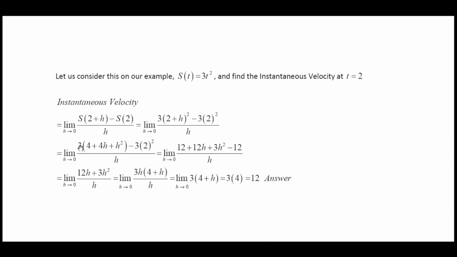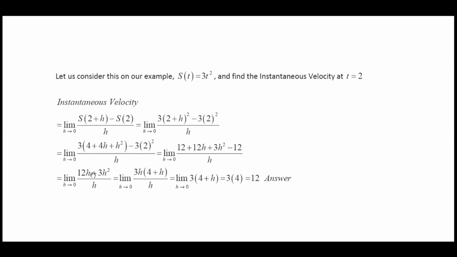Now let's distribute the 3 through here. 3 times 4 is 12, 3 times 4h is 12h, and 3 times h squared is 3h squared. And of course, 2 squared is 4, times 3 is 12. Now let's subtract 12 from 12. That comes out nicely, so we do.